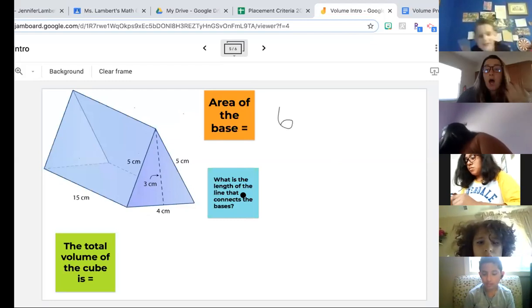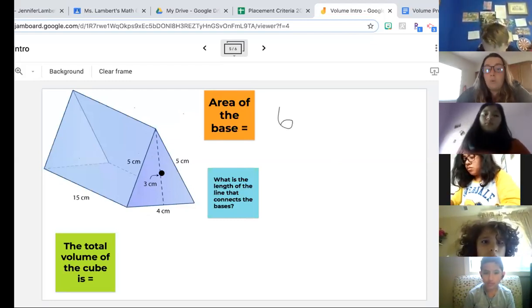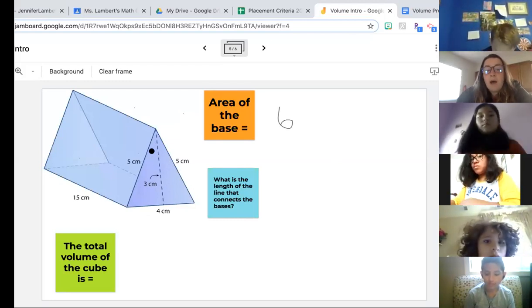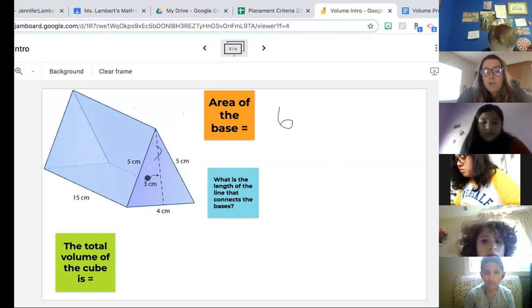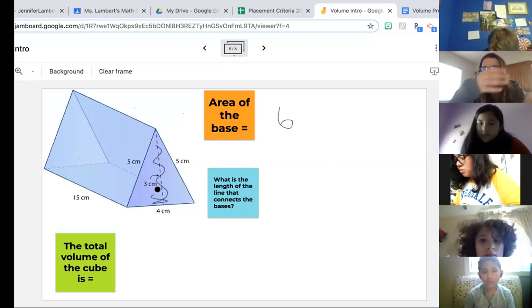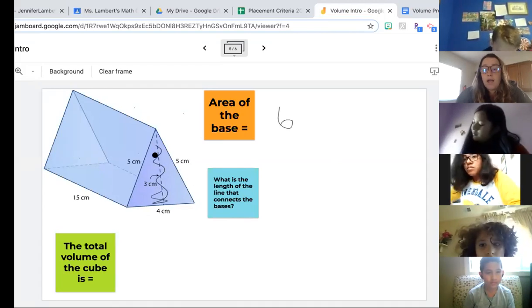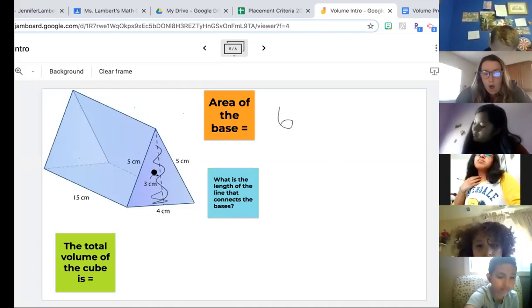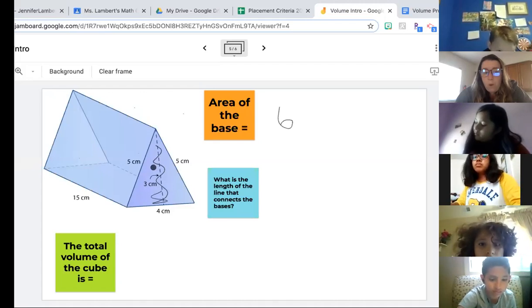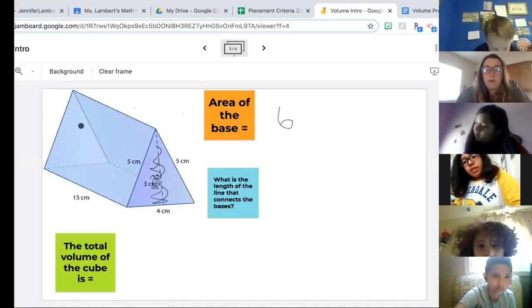Now I need the height of the prism. If I was going to stand this up, put the triangle on the bottom, how high is the prism? Or you can ask yourself, what line connects the two triangles together?